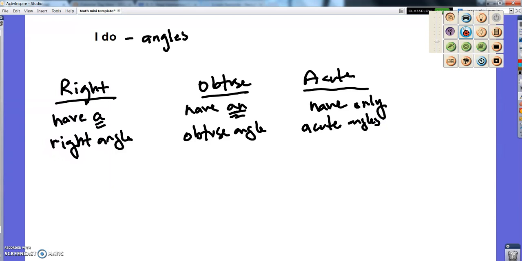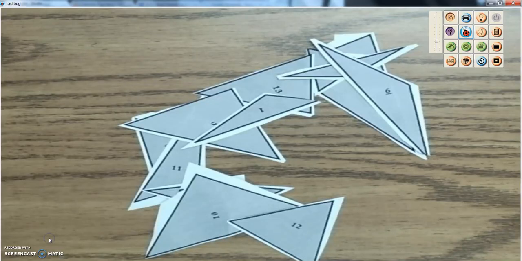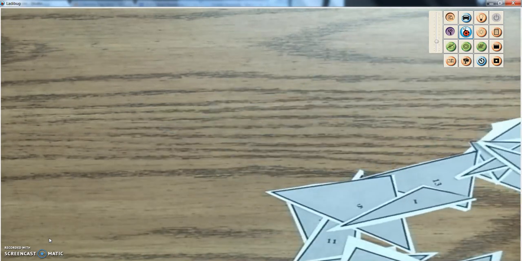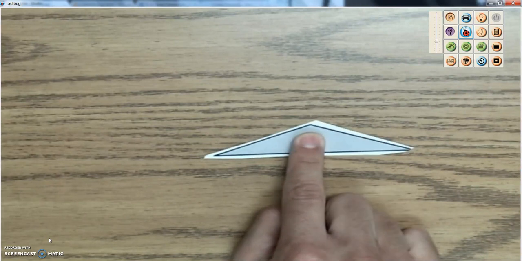So let me show you a few. I've got some triangles printed out. If it has a right angle, it's a right triangle. If it has an obtuse angle, it's an obtuse triangle. If it doesn't have either of those and all three angles are acute, then it's an acute triangle. So if I look at this one first, this triangle has an obtuse angle right there, way more than 90 degrees.